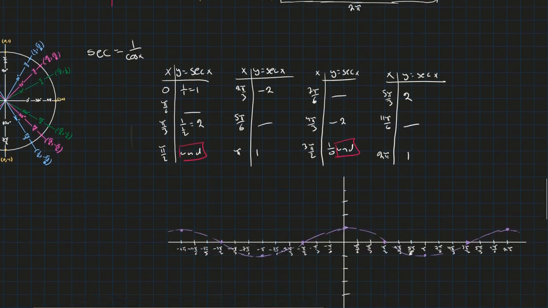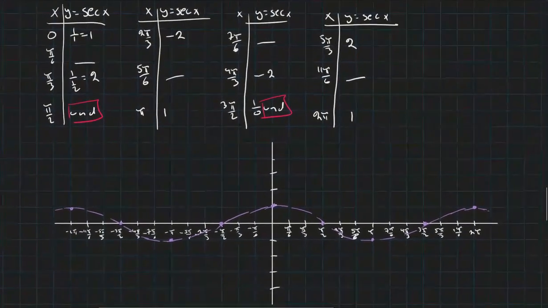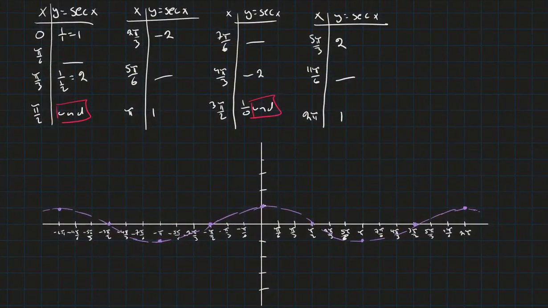Let's see. Here's our graph of sine. What do we notice? Undefined at pi over 2. Look at that. Another x-intercept, right? It makes sense that if cosine is 0, secant can't exist. 3 pi over 2, x-intercept.